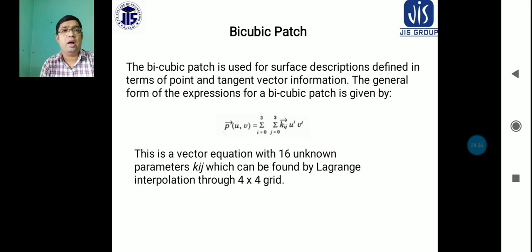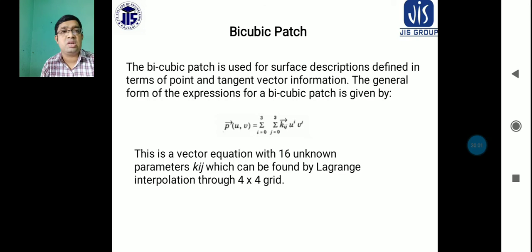The bicubic patch is used for surface descriptions defined in terms of points and tangent vector information. The general form of the expression for a cubic patch is given by P(u,v), which is a function of u and v: the summation over i equals 0 to 3, summation over j equals 0 to 3, of k_ij u^i v^j.